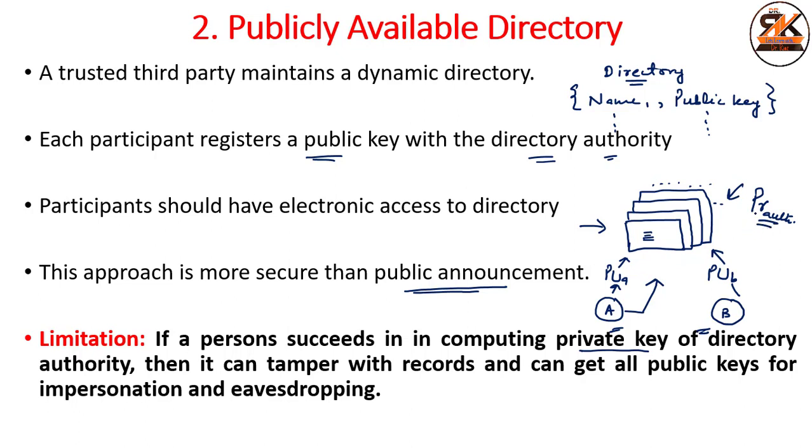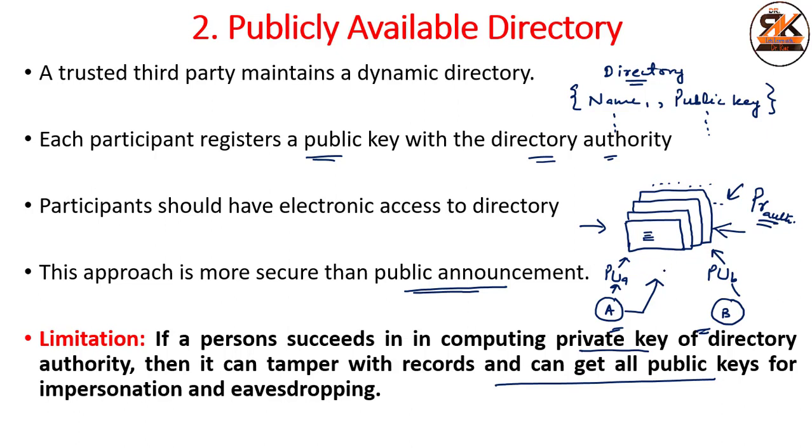Okay, if this key, that is the private key of the authority, is compromised, then the attacker can tamper with the records and can get all public keys. If the attacker gets access to the private key of the authority, then the attacker will tamper with the records, and also get all the public keys of the users stored in the directory, or the attacker can modify the records, the tuples in the directory also.